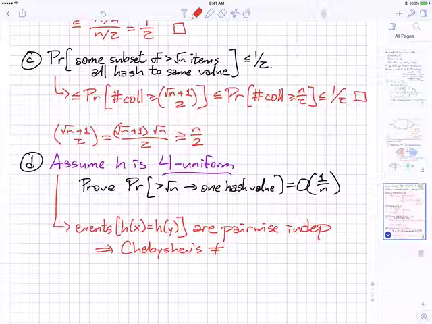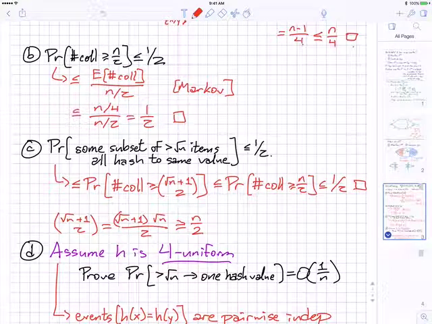So using Markov's inequality, I don't need to assume anything about the variable number of collisions except it's non-negative. I don't need to assume it's a sum of indicator variables. I don't need to assume that it's an integer random variable. I don't need to assume anything except it's never negative. And then Markov's inequality still holds.